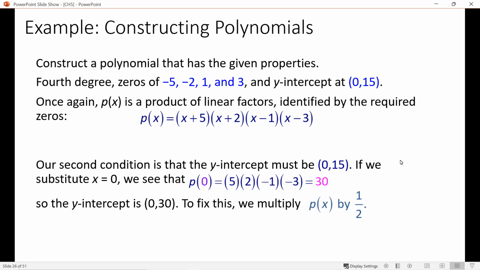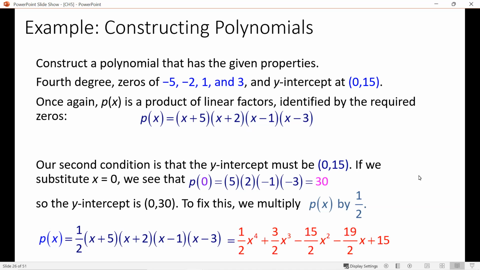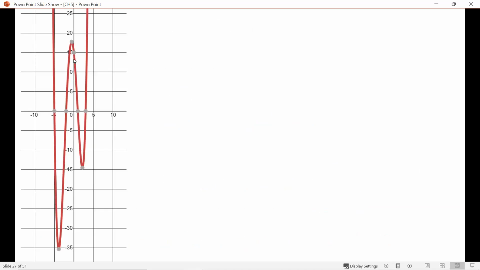And if we plug in a 0 into this function, y actually is 30. So that's not the right y-intercept. If we want the y-intercept to be 15, well, then we need our function to essentially be cut in half to make it 15 instead of 30. So we'll just multiply our function by 1/2 and multiply it all out. And that function will have these 4 zeros and cross the axis at (0, 15).